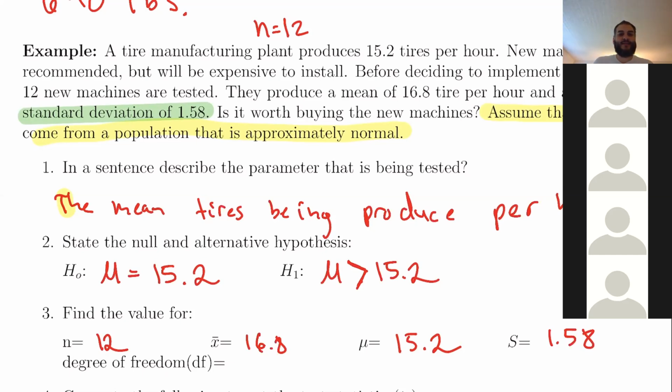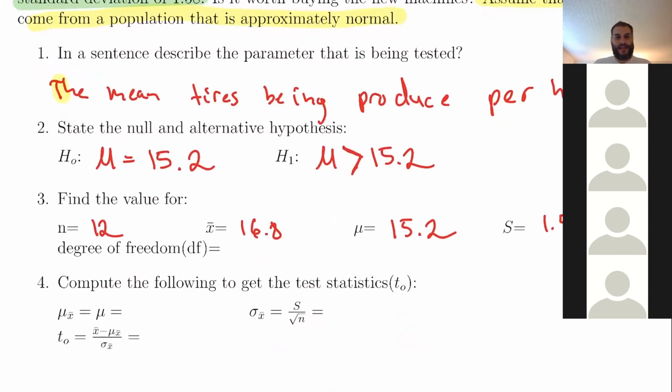And lastly, degree of freedom. Degree of freedom is 11. So right now we want to show that this is a significant difference from this. Because it's pretty much saying there's a difference of 1.6 higher.